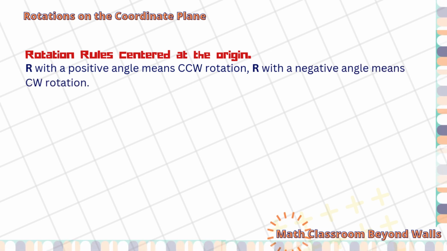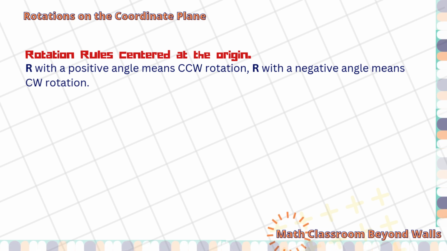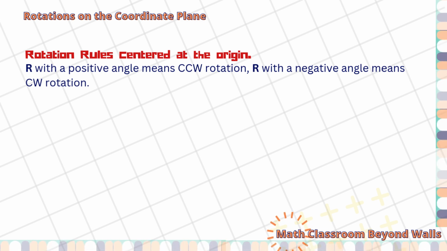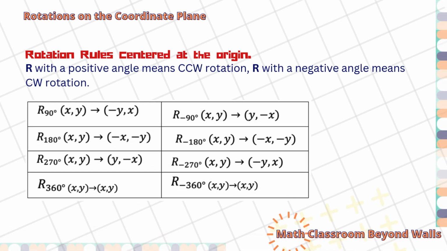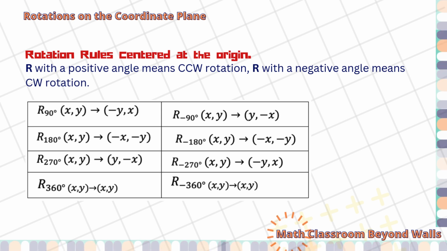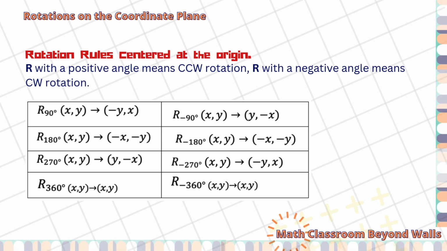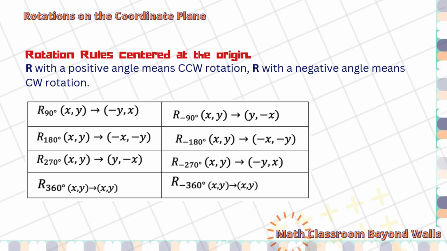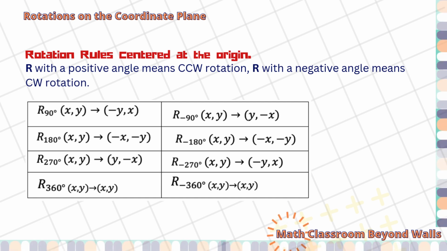The R with a positive angle means a counterclockwise rotation, and the R with a negative angle means a clockwise rotation. The next table uses this notation in representing the same rules. You have to be familiar with these, learners, because some texts use this notation.